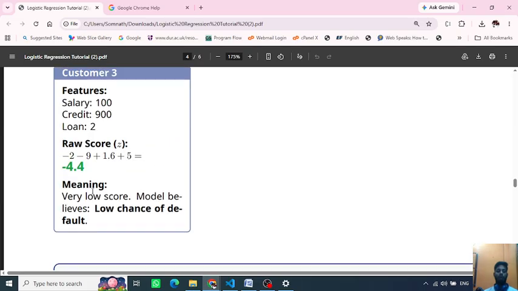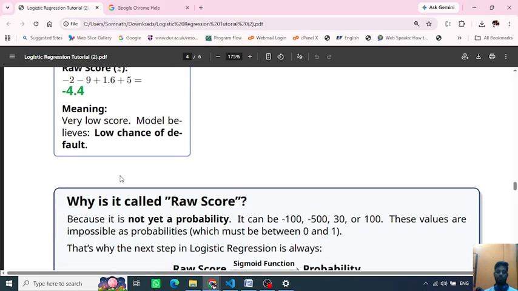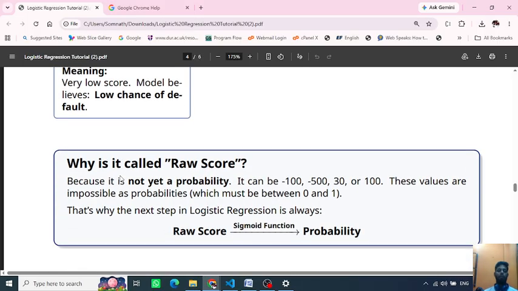I hope you all understood how the raw score gets calculated. If we apply the sigmoid function to this value, then we'll get the final probability value for this customer. So why is it called the raw score? Because it is not yet a probability, as I said.